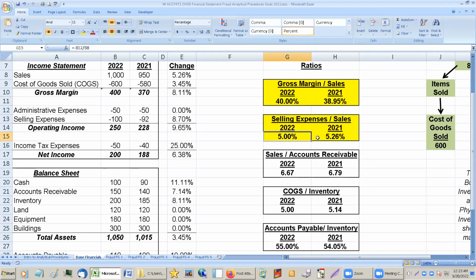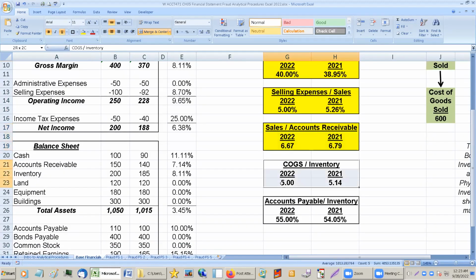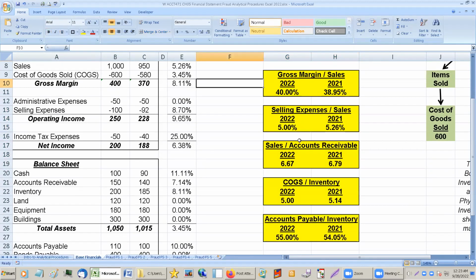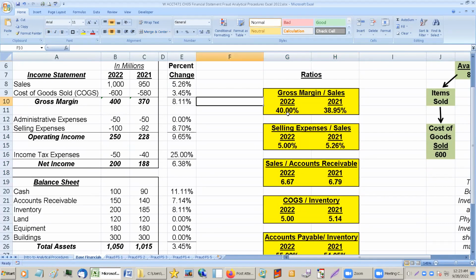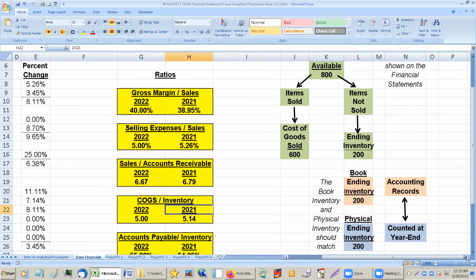Okay, that's pretty close. 5%, 5.26%. They will change a little bit, and you expect them to change a little bit. These are some common ratios that they would use to look for fraud. In this case, you'd look at this and say those look about the same as last year and the year before, so we probably wouldn't get too excited about any of those.